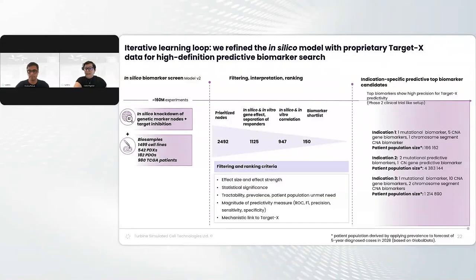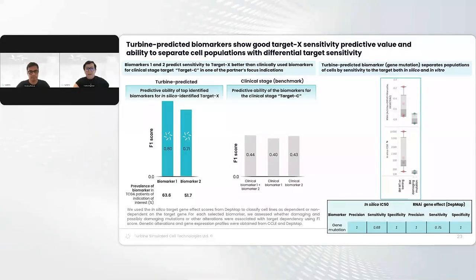So we set up a statistical analysis where we were aiming to rank those biomarkers up which show the highest precision for the target X predictivity. And as you can see on the next slide, we were able to identify such biomarkers in clinically unmet need patient populations.